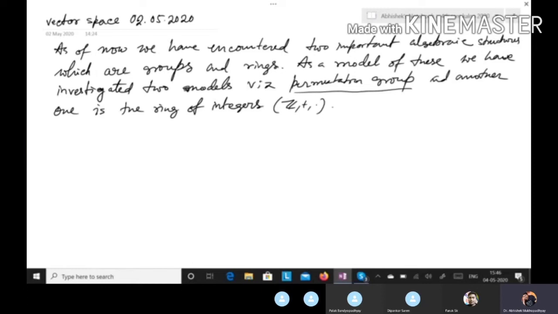So we have already encountered this type of linear combinations in several discussions in mathematics.